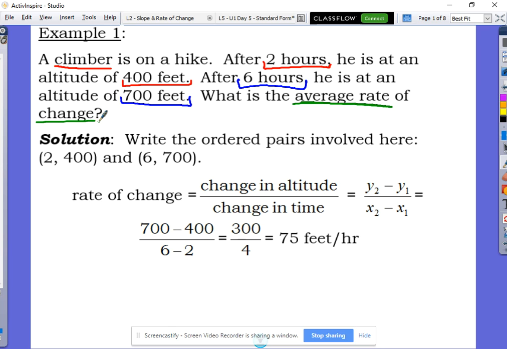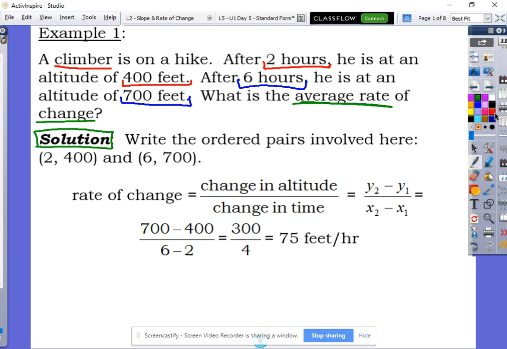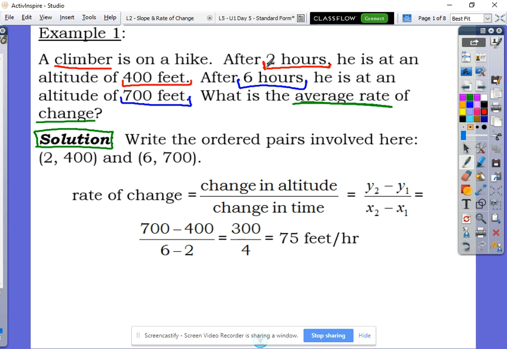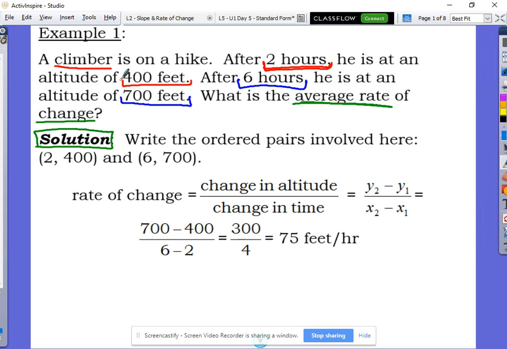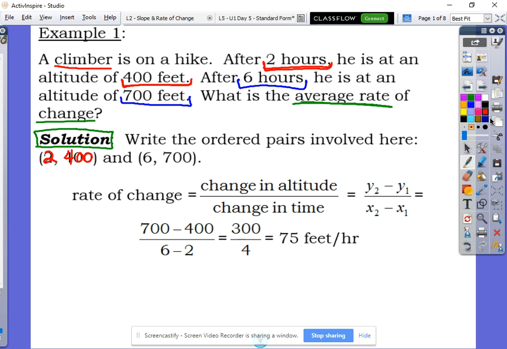Now, what you'll notice when you look at the solution, this is the part where we're giving you the answer, is they are taking what I have underlined here in red, the 2 hours and the 400 feet, and they're creating that as a coordinate, 2 comma 400. So what I want you to see here is that those two go together.